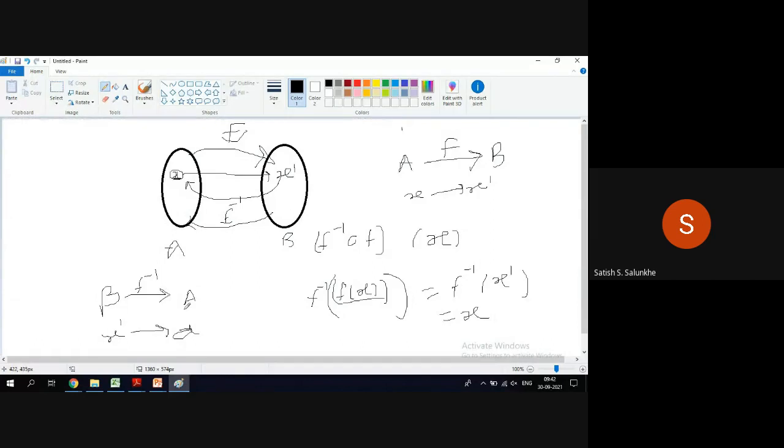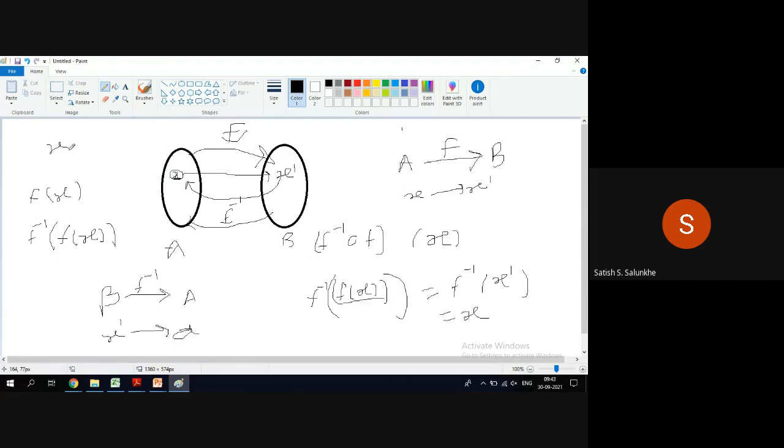So what exactly have we done? f of x we identified. Then we got f inverse of f of x. What is that element? We have element x belonging to the domain.